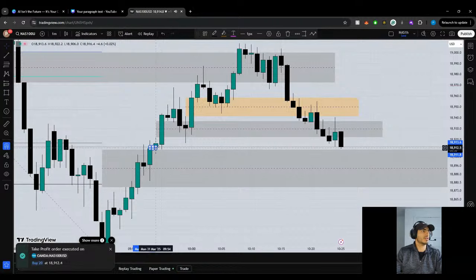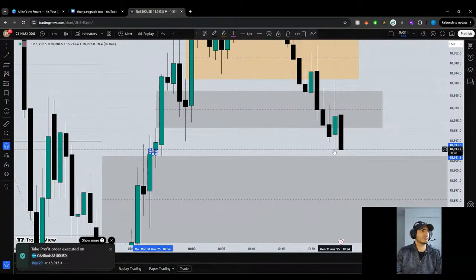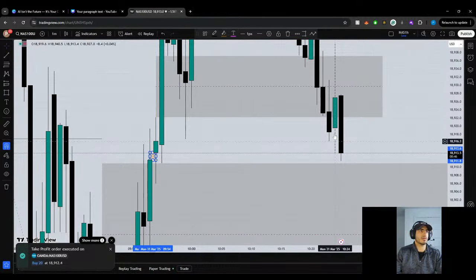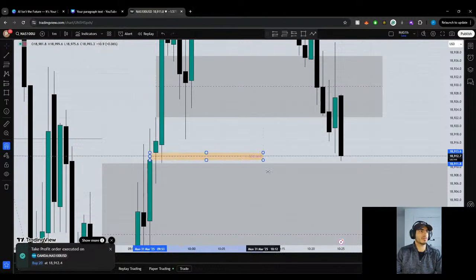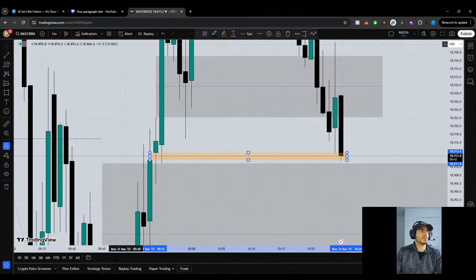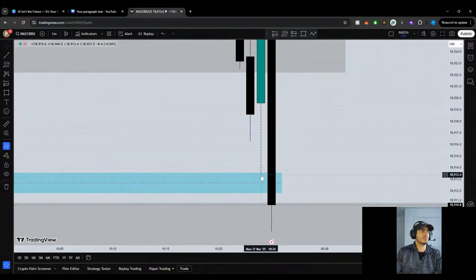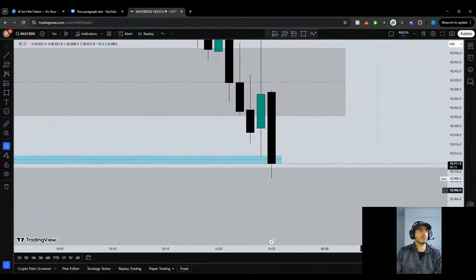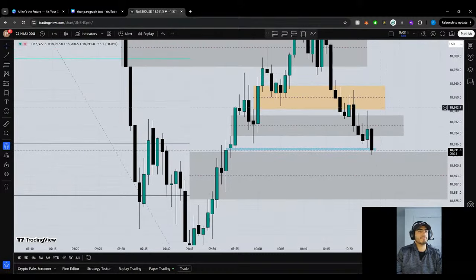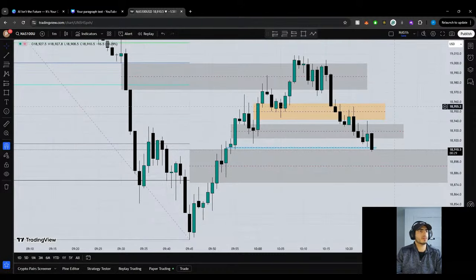Oh, TP hit, everyone. So I think one of the reasons why it stopped right here and did a little retracement was this bounce off of this volume imbalance, right here to the tick on top of it. So TP was hit. That was good.